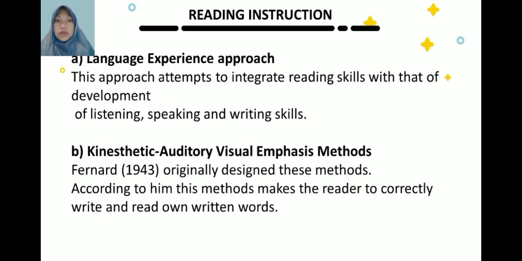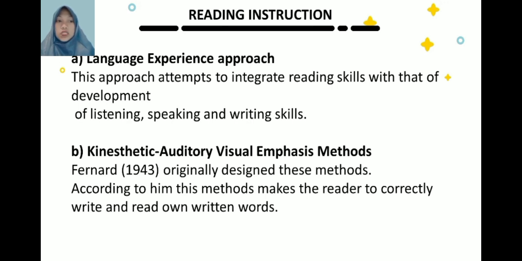The first one is the language experience approach. This approach attempts to integrate reading skills with the development of listening, speaking, and writing skills. In this approach, there are basic elements to instruct the learner, such as what a child thinks about, can talk about, what the child can say, can write, and what the child writes, can read.